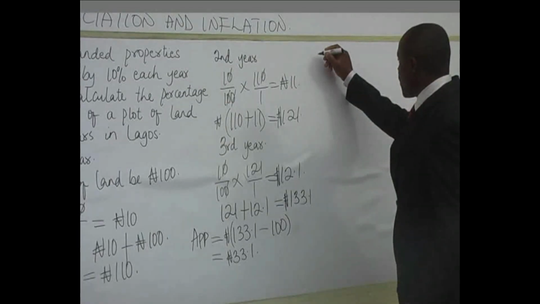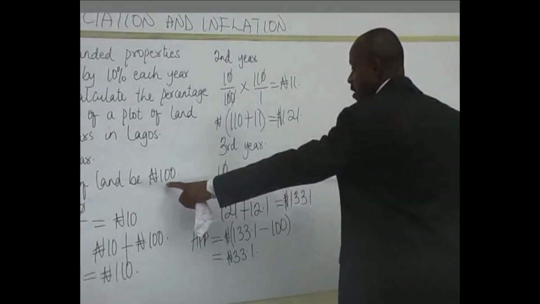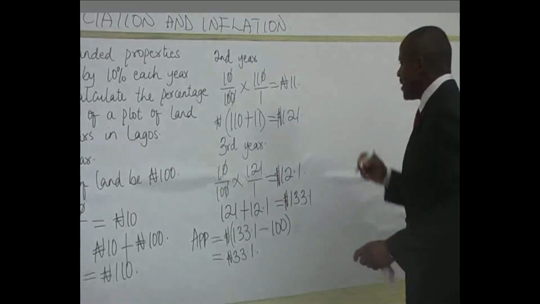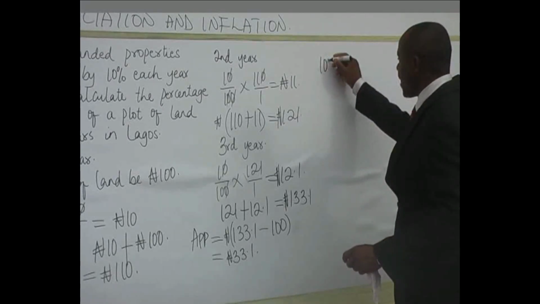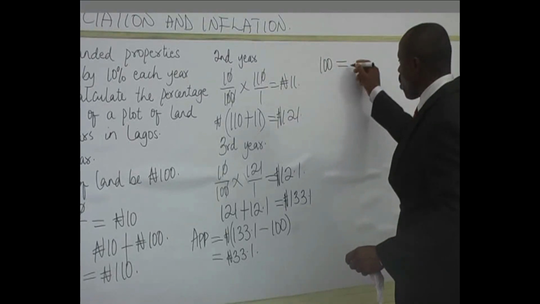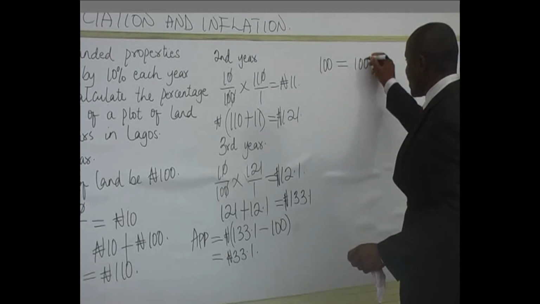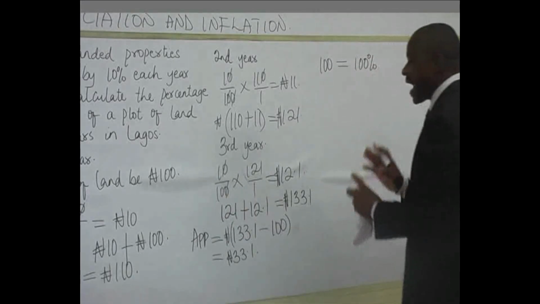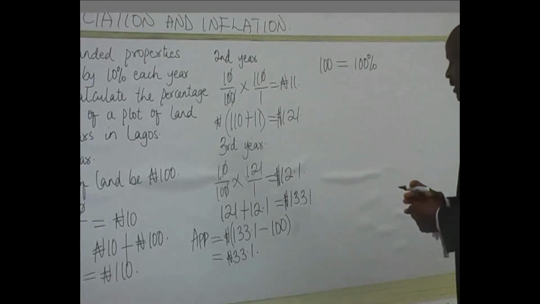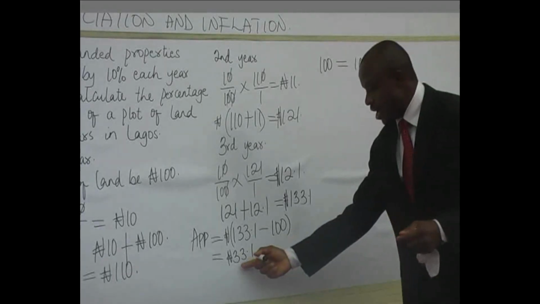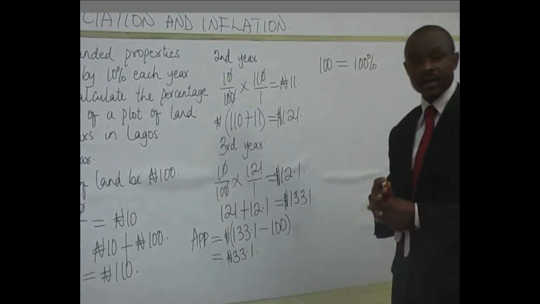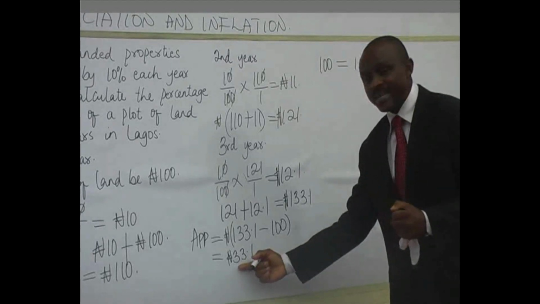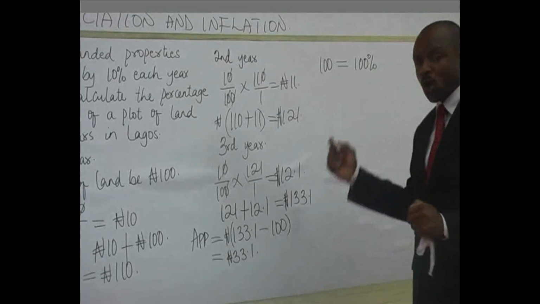First of all, you know that the original value of the land is 100 naira. That means 100 naira is equal to 100%. This 100 naira is the entire value of the land. But now the appreciation is 33.1. So we are going to find out what percentage is 33.1 from 100.